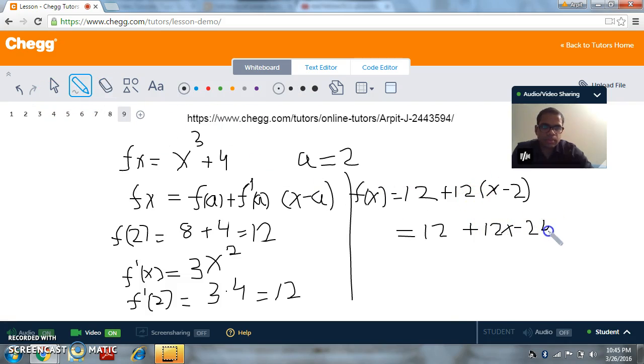So we can even simplify this. We can bring the 12x in the front. It becomes 12x, and 12 minus 24 becomes negative 12.